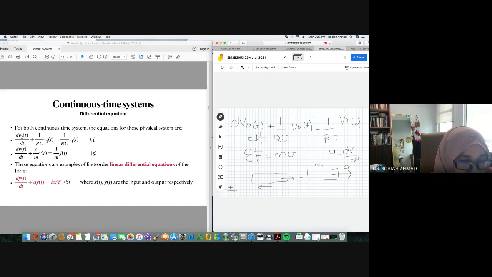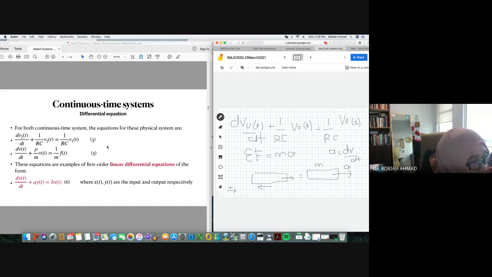So equations 3 and 5, later on you will learn about, for example, if you still remember when I talked about the water tank system, and then thermal system. If you go deep into the thermal system, for example mechanical students will learn about thermal systems, and then gear systems, and a lot of systems.